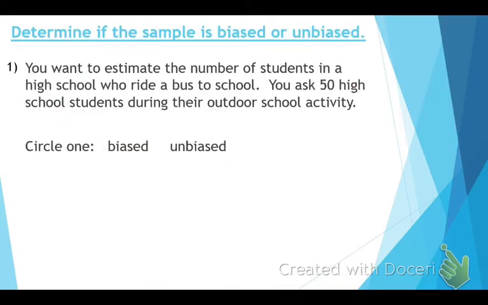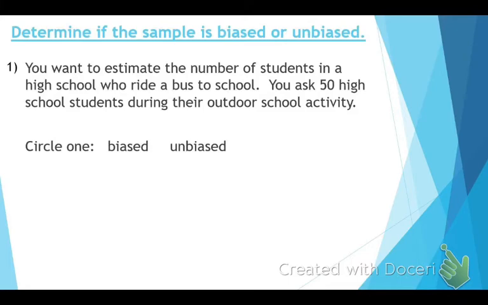All right, so just a minute ago we were talking about determining if something is biased or unbiased. Here's the situation for number one. You want to estimate the number of students in a high school who ride a bus to school. You ask 50 high school students during their outdoor school activity. So they have an outdoor activity afterward, and all the high schoolers come to it. So we can see they're asking 50 people at the outdoor activity.